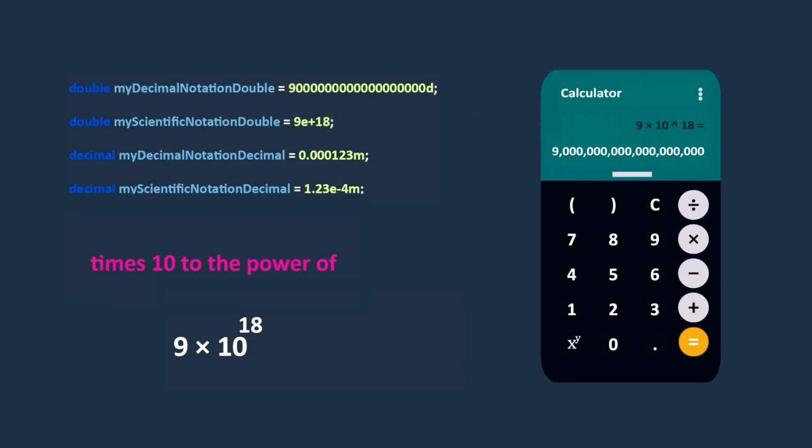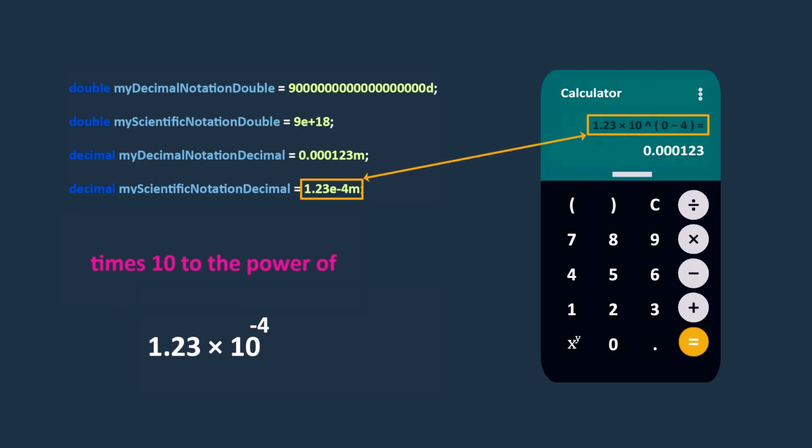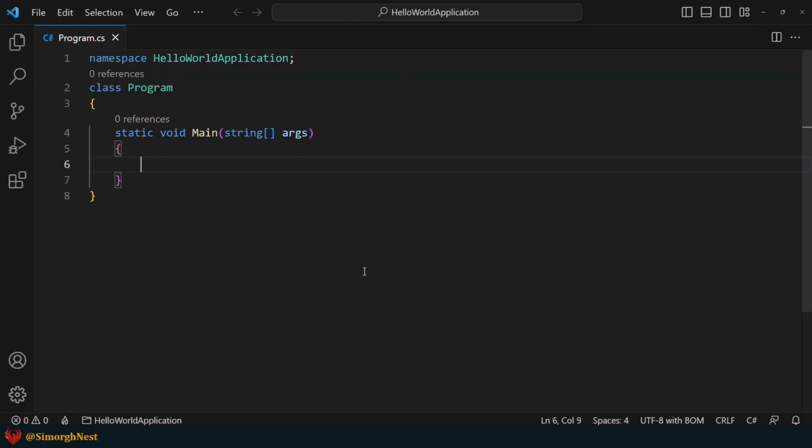And in the decimal examples, these numbers mean 1.23 times 10 to the power of minus 4. And this number can be written as this number, so these two numbers are equal as well. Alright, let's head over into VS Code and show you some examples.